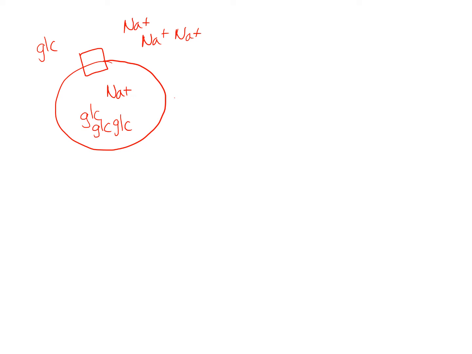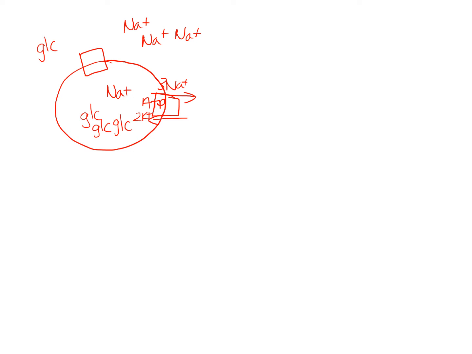And how we get our sodium concentration gradient is we're going to use our sodium-potassium pump. So remember that we're going to be pumping 3 sodium ions out of the cell and 2 potassium ions into the cell, and we need ATP to do that.